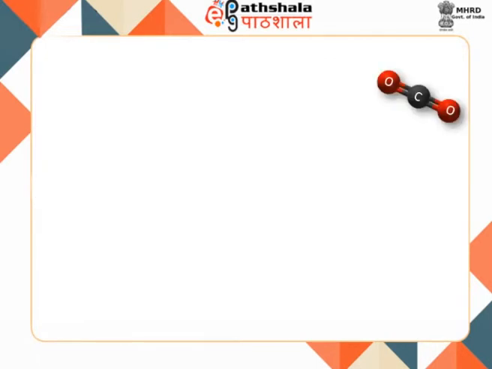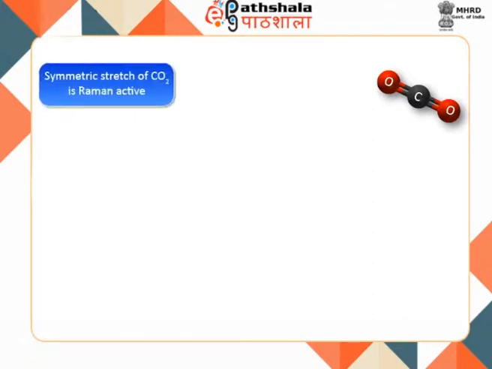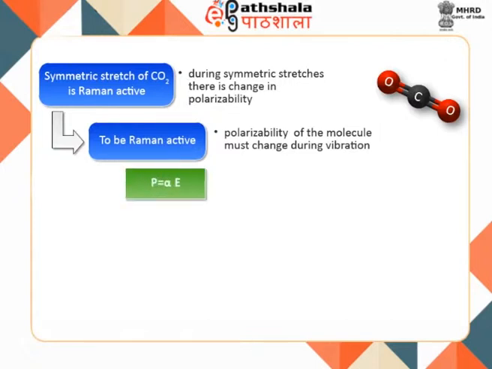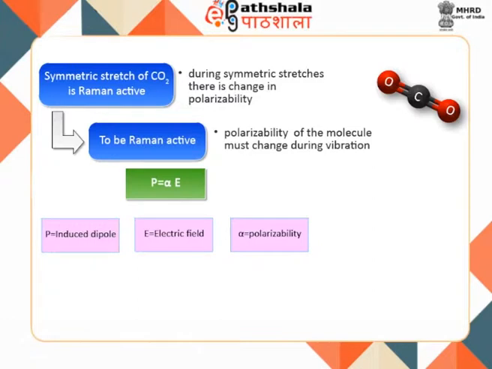Taking the example of the CO2 molecule, the symmetric stretch of CO2 is IR inactive but Raman active, because during symmetric stretches there is a change in polarizability of the molecule. That is, for a vibration to be Raman active, the polarizability of the molecule must change due to vibration. Also, the induced dipole P during vibration is related to the polarizability tensor by the equation P equals alpha E, where E is the electric field, alpha is the polarizability, and P represents the induced dipole moment.